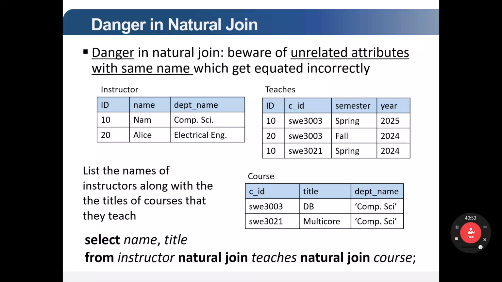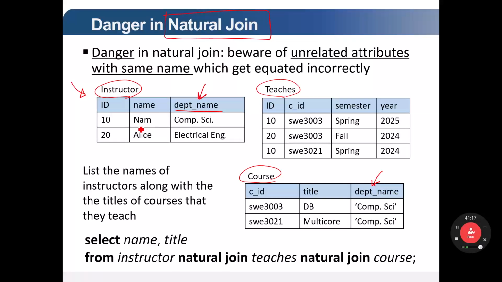However, when you use natural join, you have to be careful about common attribute names. An example is shown here. We have an instructor table and teachers table and course table, and let's focus on department name.